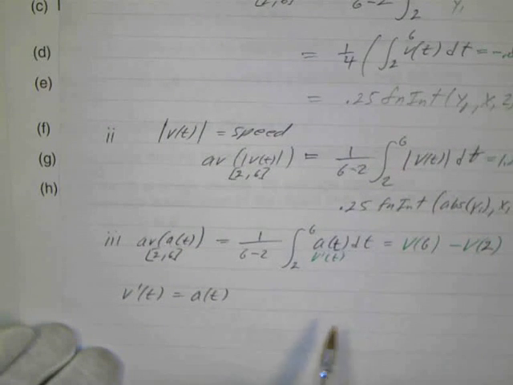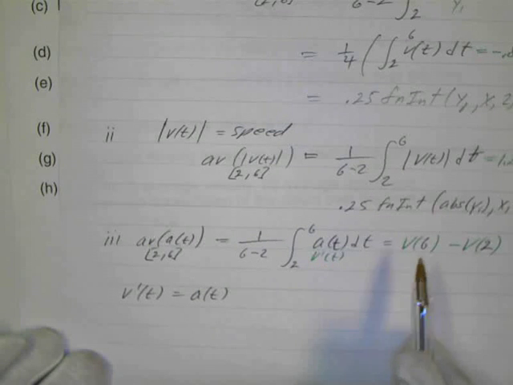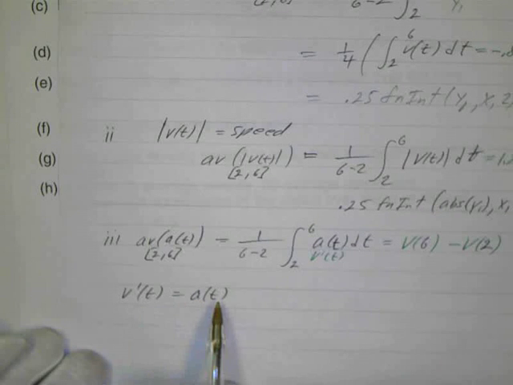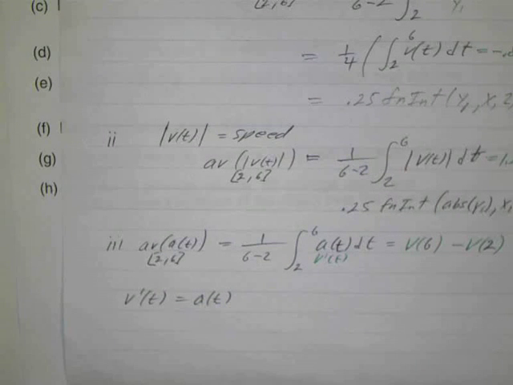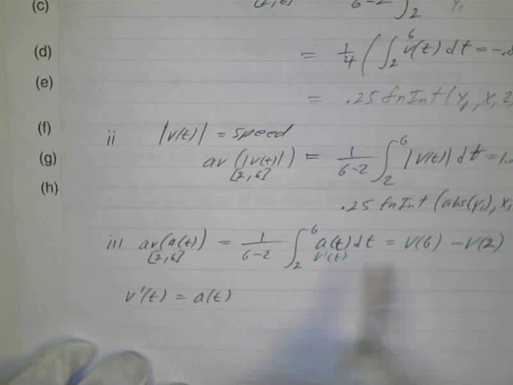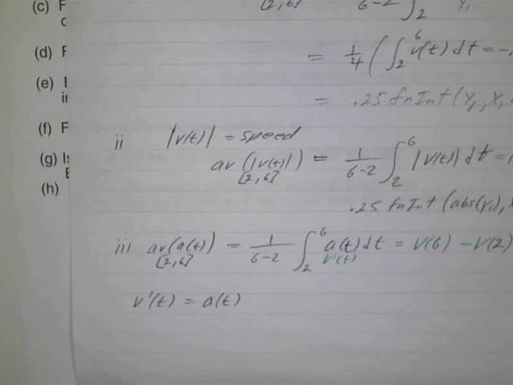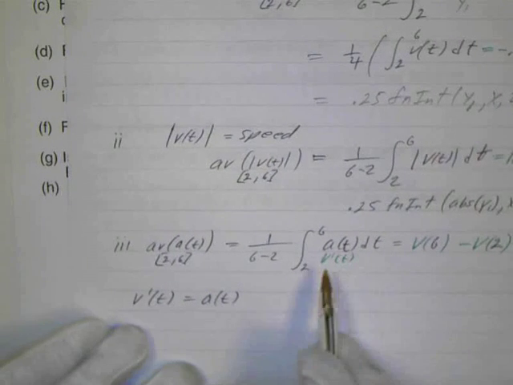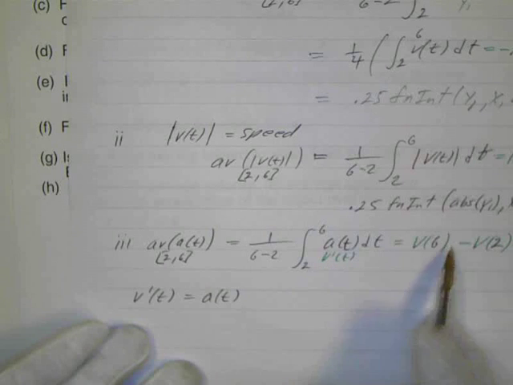Well, take a look at this. Remember, the velocity is the antiderivative of the acceleration because the derivative of the velocity is acceleration. Because if I take its derivative, I do get the acceleration. So hope that makes sense. It's sometimes a little bit easier to see like this, because these are the same.